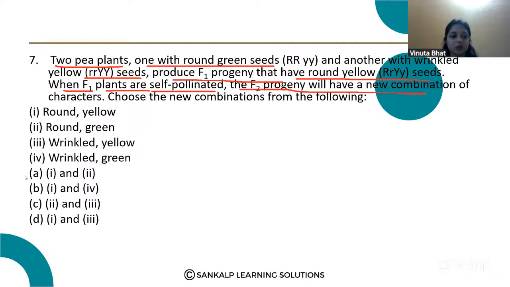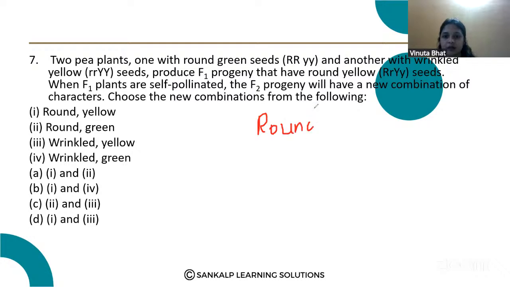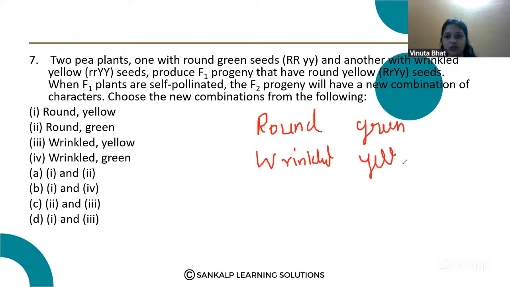Which are the new combination plants produced here? Round green seeds are from the parental generation, and wrinkled yellow seeds are also from the parental generation.